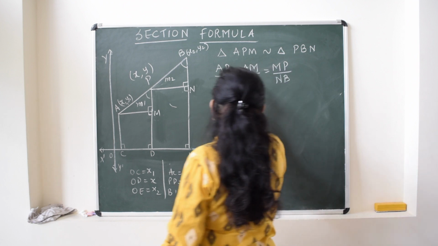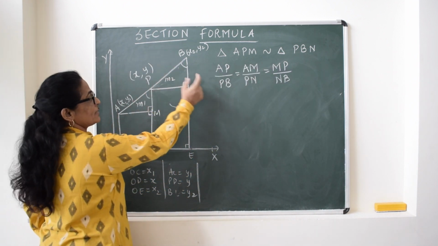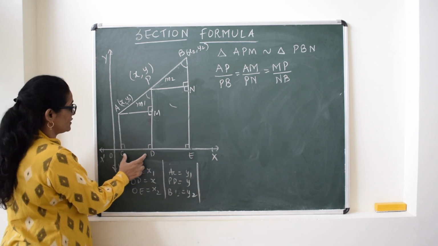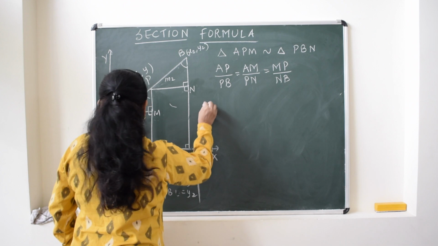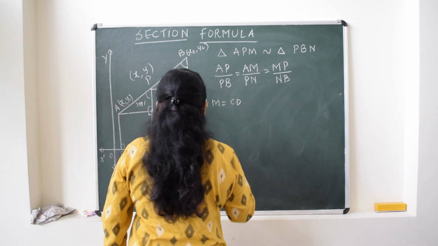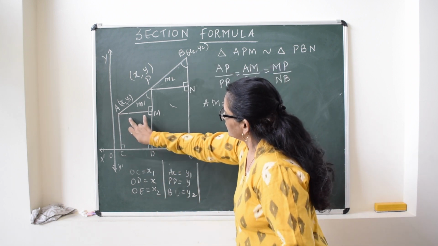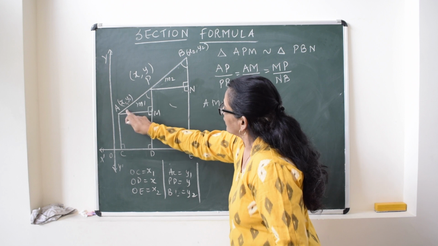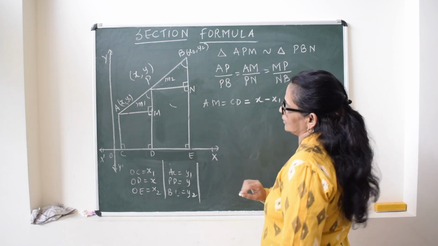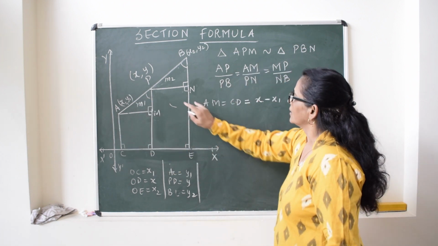Now let's see what these sides are. AP is m1, PB is m2. AM is equal to CD, and this distance is x minus x1, because it is the perpendicular distance from the y-axis.